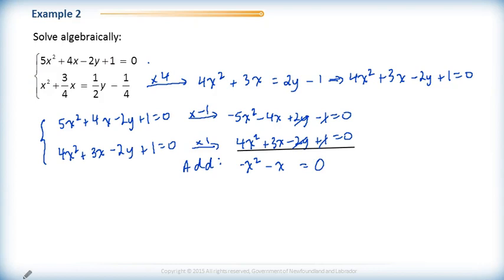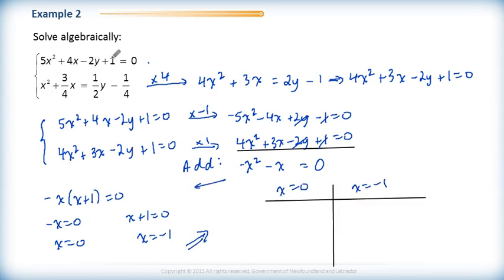I solve that resulting equation. So I've got negative x outside of x plus 1 equals 0 when I factor. Make each factor equal 0. And I've got my two solutions: x equals 0 or x equals -1.